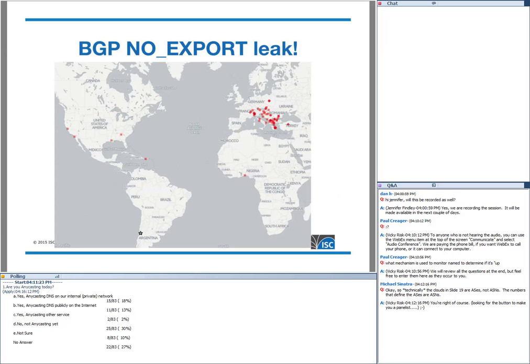Here's an example of a BGP leak. So like we were saying earlier, we send the local nodes. So this is the local node in Santiago, Chile. And essentially, we're sending the FROOT prefix with a no export, and one of our peers was taking the FROOT prefix, and they weren't honoring the no export.